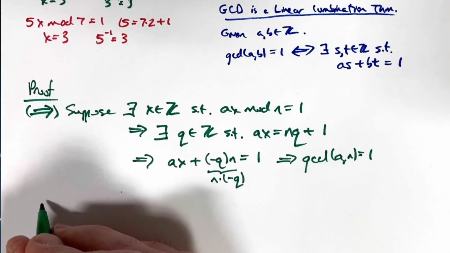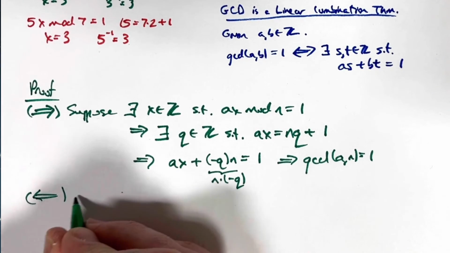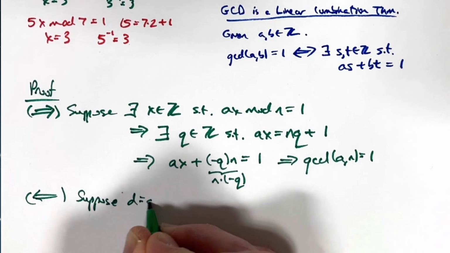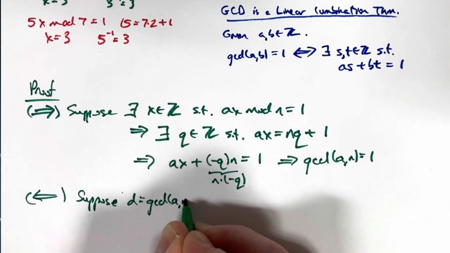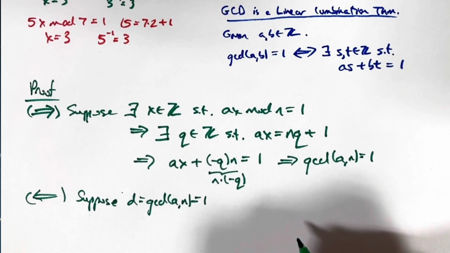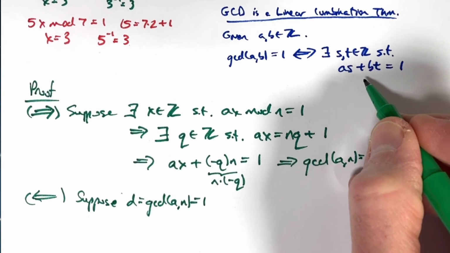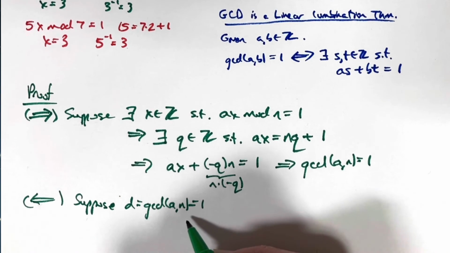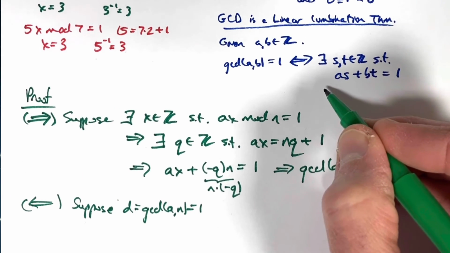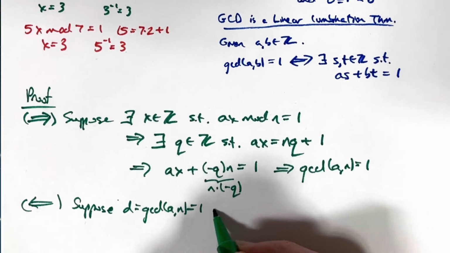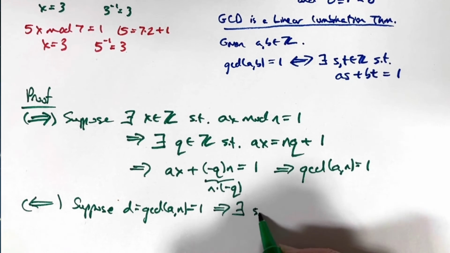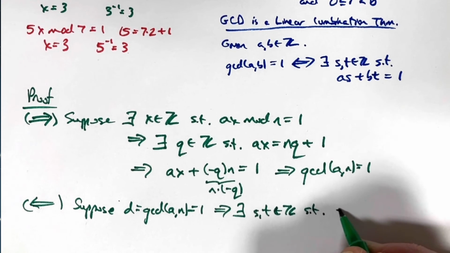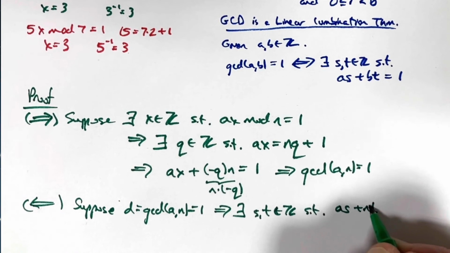Now let's prove the leftward implication. Suppose d, the GCD of a and n, equals 1. Once again, we start by using this fact. We essentially just work backwards now. Because this GCD is 1, we can use this fact to say there exist integers s and t such that as plus nt equals 1.